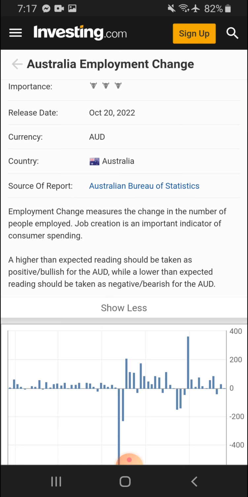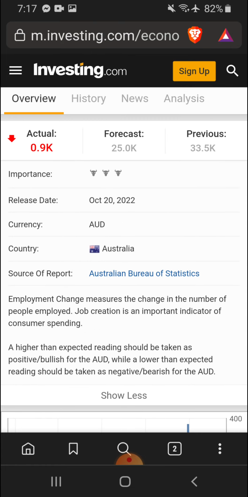So as you can see, the numbers were very, very much lower than expected. That's a massive decline of change in the number of people employed.